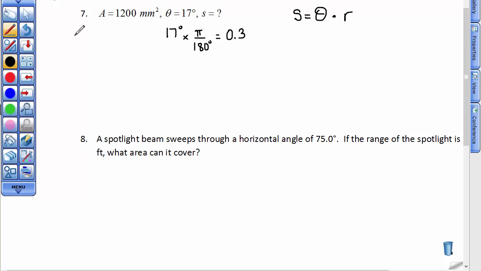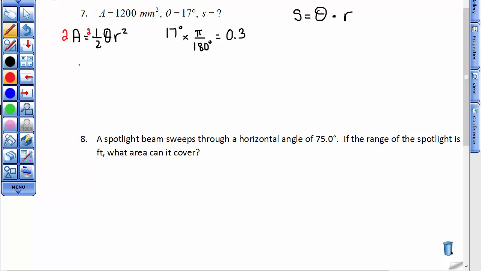So I'm going to take the formula A equals 1/2 theta times r squared, and I'm going to solve this formula for r. I'm going to get r alone because I have to put it in over here. So I'm going to multiply both sides of this equation by the number 2.